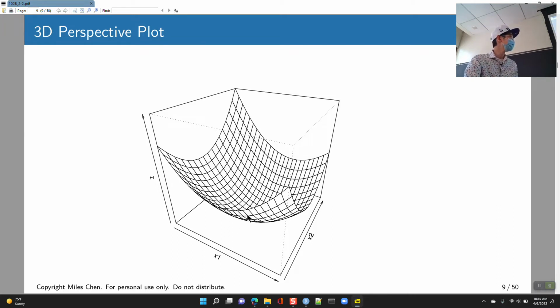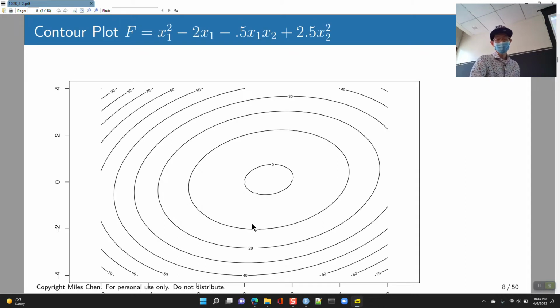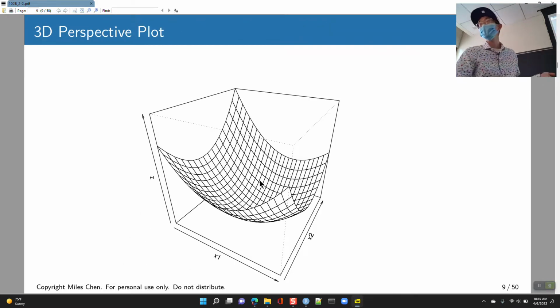What we want to do is find the local minimum, or in this case, a global minimum. Probably somewhere right here in the middle of this dot. I don't know the coordinates, we want to figure that out.